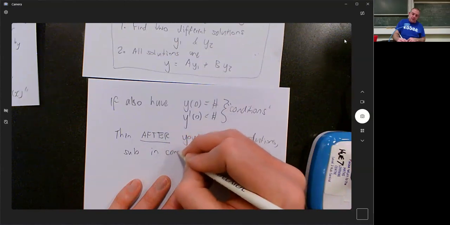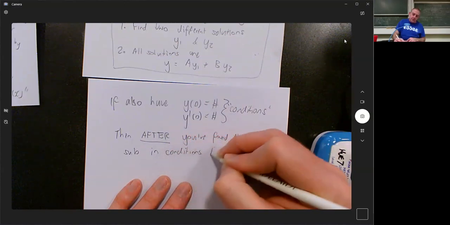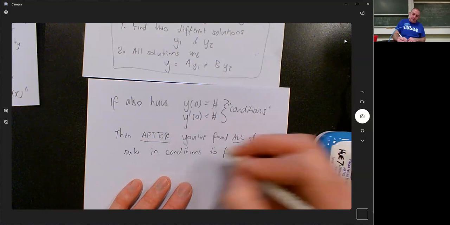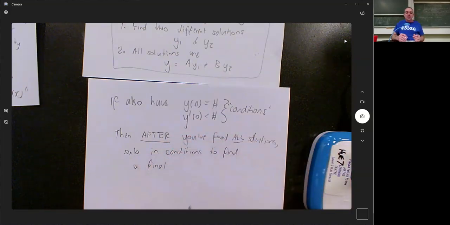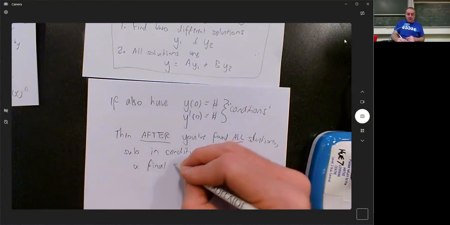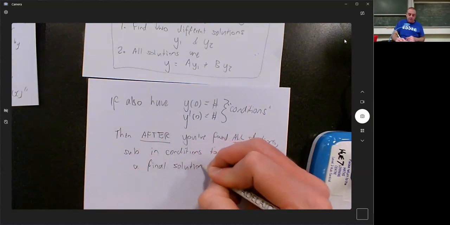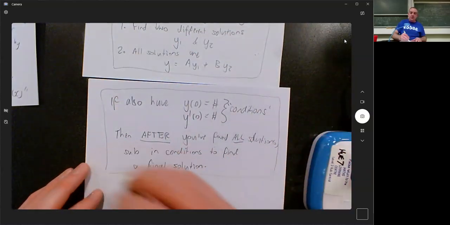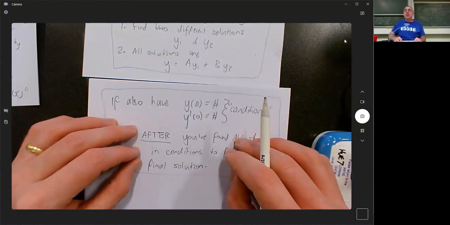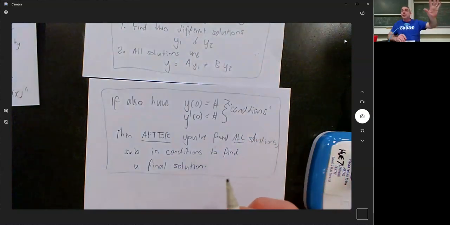Sub in the conditions to find a final solution where it doesn't have unknowns for the a's and b's. But I want to stress really importantly that this step here doesn't happen until you've done all the other stuff. Don't try and sub them in earlier, it doesn't work.